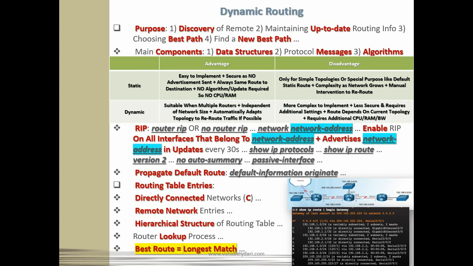Next, how to propagate a default route. Refer to the diagram towards the middle or bottom of this slide. What you see is a topology. In this diagram, a default static route to the internet is configured on R1.